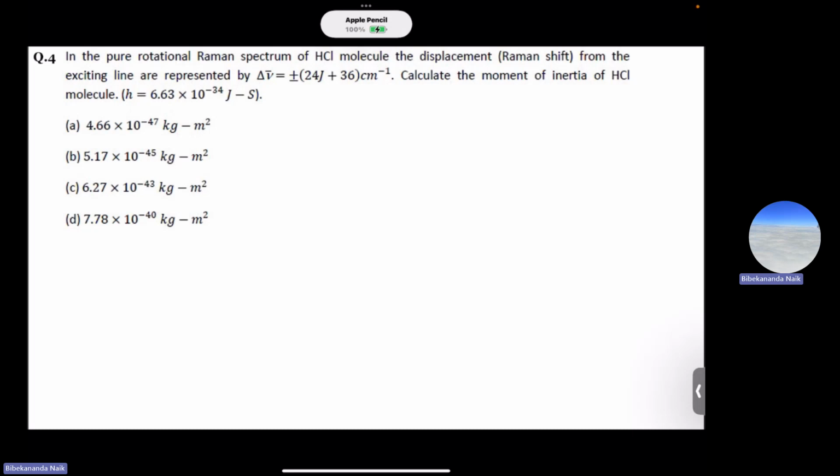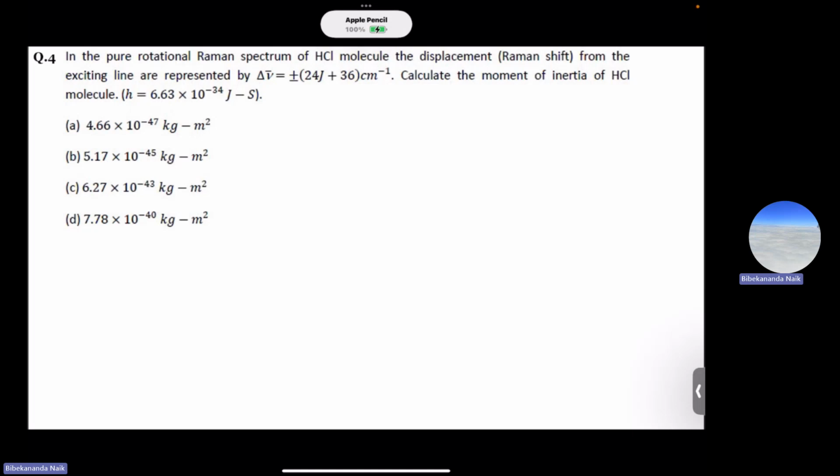So now what the question said, in case of pure rotational Raman spectrum. In the previous three questions we solved, we were only talking about the Raman spectrum, whether rotational or vibrational, we had not considered. But here it is the case of pure rotational Raman spectrum, and the Raman shift is given in terms of J values, because we know J are the rotational quantum numbers.